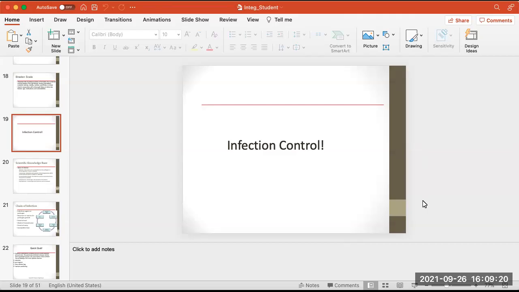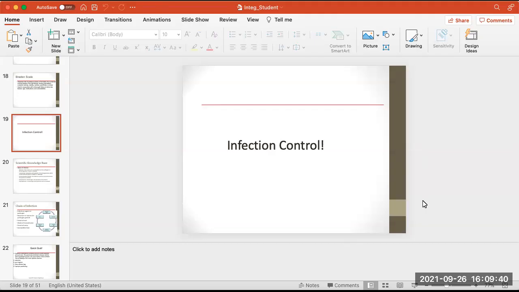Okay, let's start with this portion of these PowerPoint slides with infection control. The reason we are talking about infection control at this point is because this is one of the very fundamental principles that we will be using throughout your nursing.